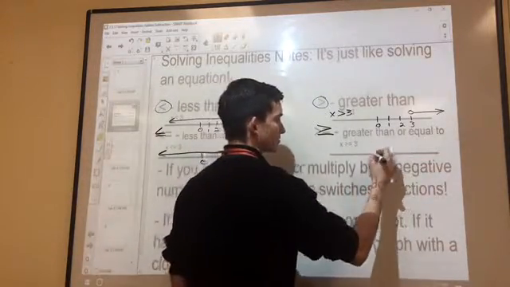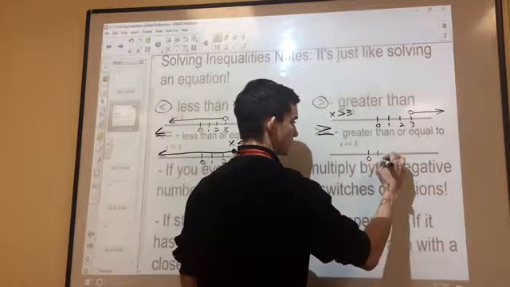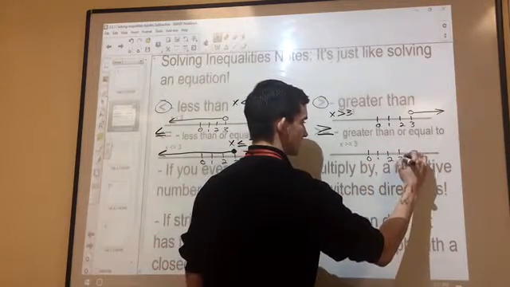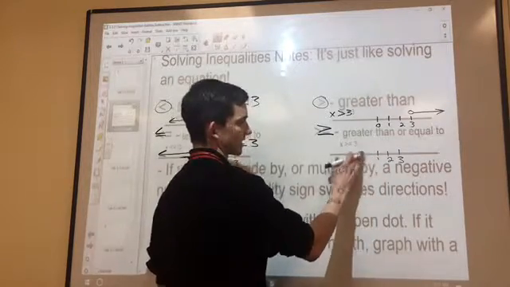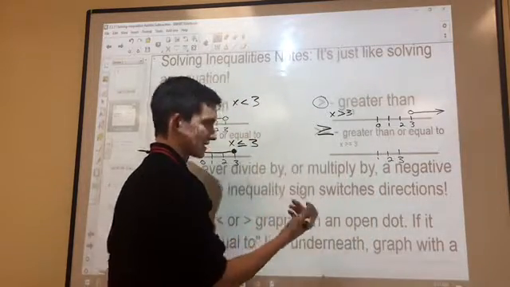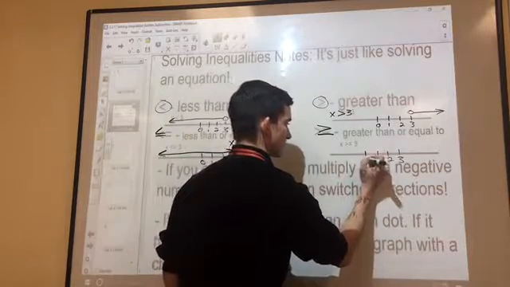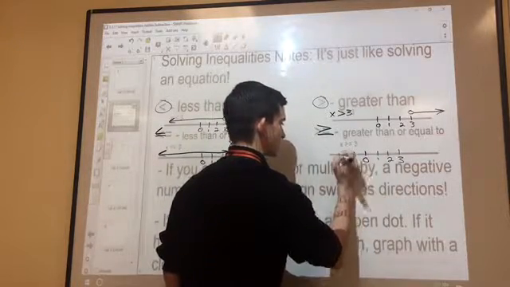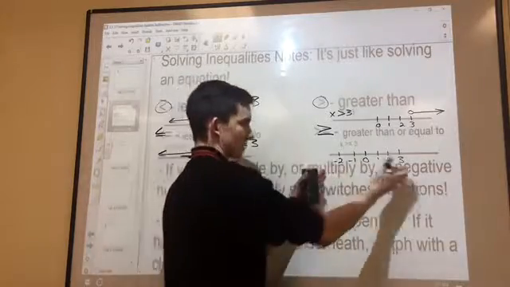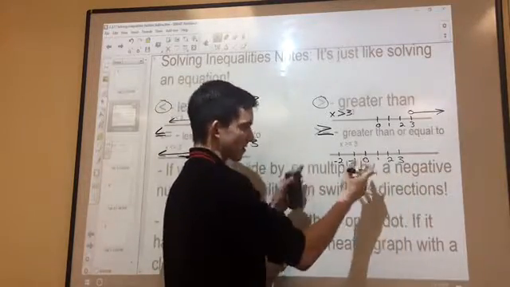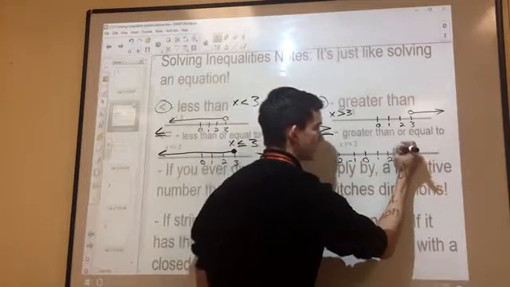X is greater than or equal to, so same idea, 0, 1, 2, 3, and you can put other numbers than 0 here. You don't even have to have 0. Typically, I like to put 0 though as some kind of place marker. It's just what divides the negatives from the positives. So I like to use the number 0 in my number line. But ultimately, you can put whatever numbers you want here, as long as you've got 3 included in that.